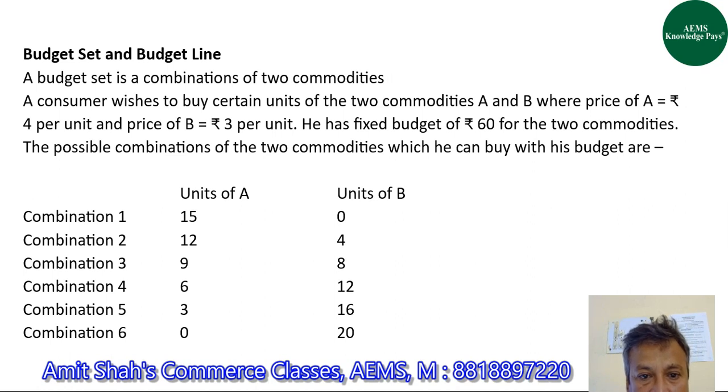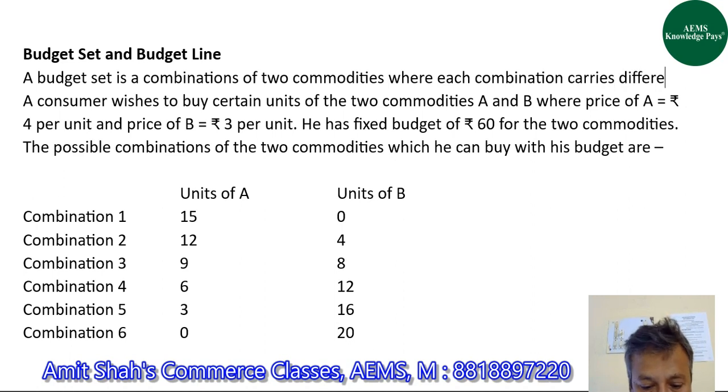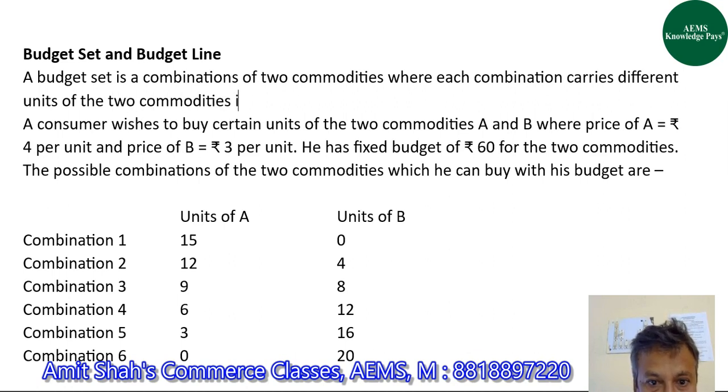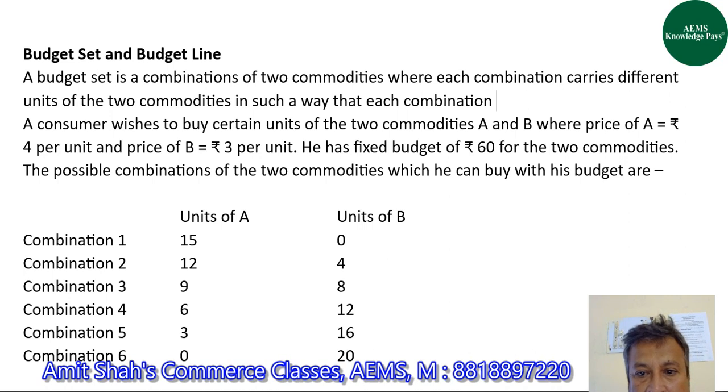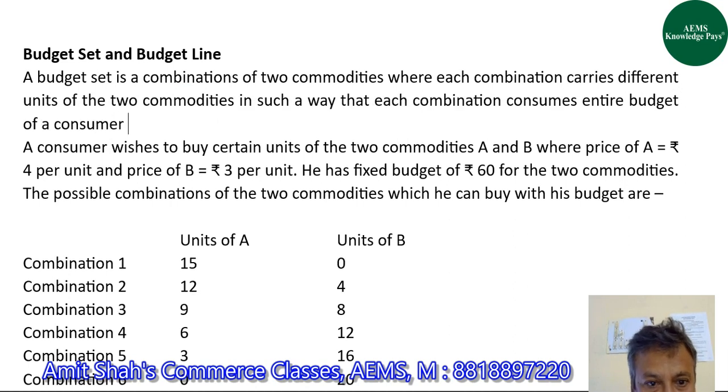A budget set is a combination of two commodities where each combination carries different units of the two commodities in such a way that each combination takes or consumes the entire budget of a consumer meant for the two commodities.